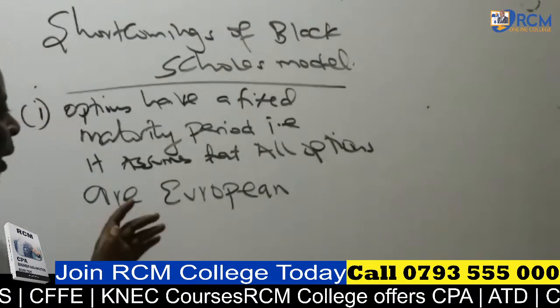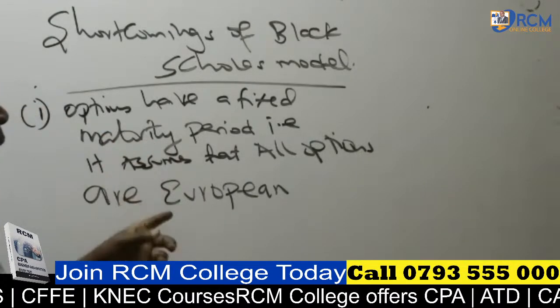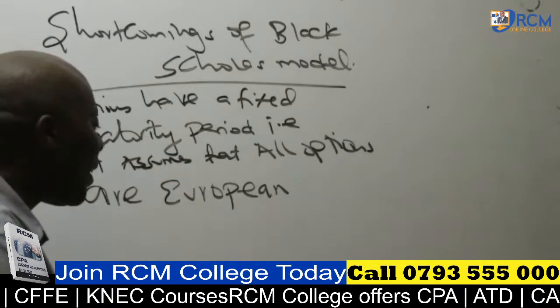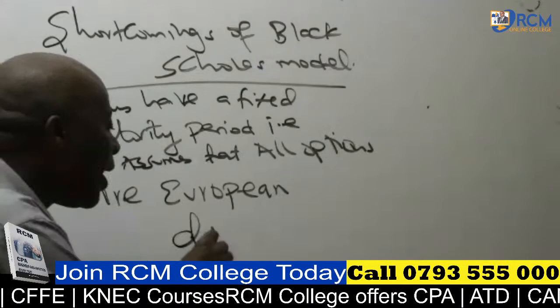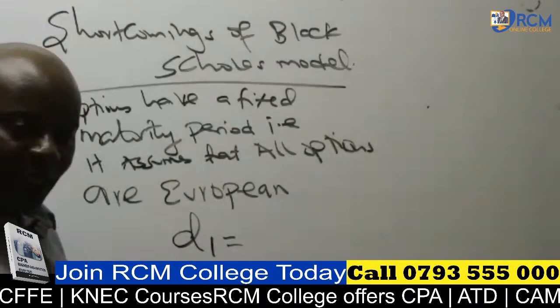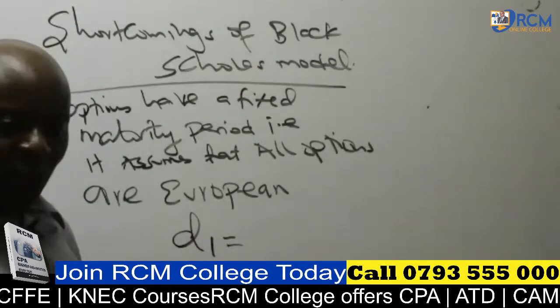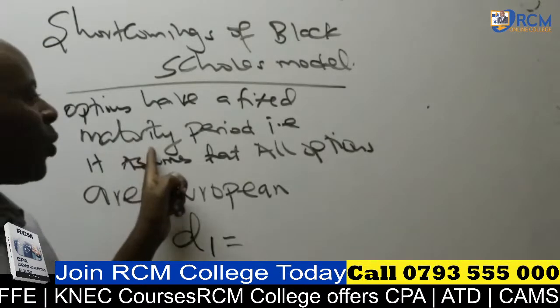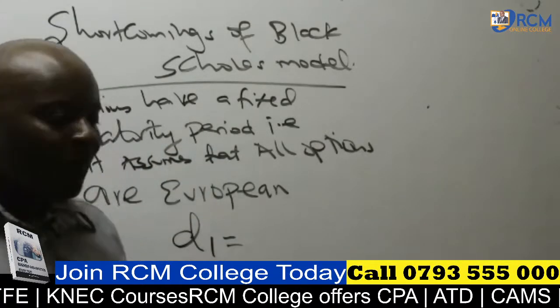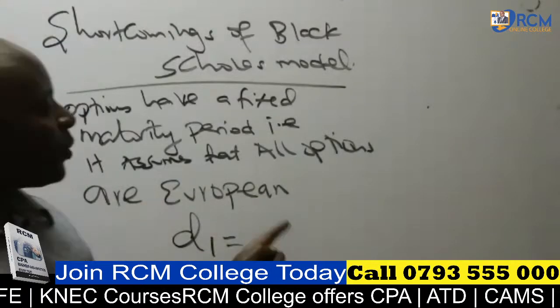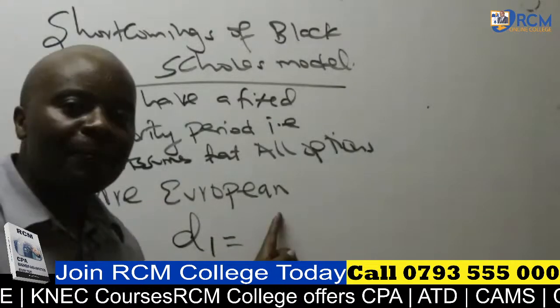So ladies and gentlemen, we are saying that options here have a fixed maturity. If you remember D1, there is a T somewhere. So it assumes that all options will mature after a definite period, meaning that it assumes that all options are European.